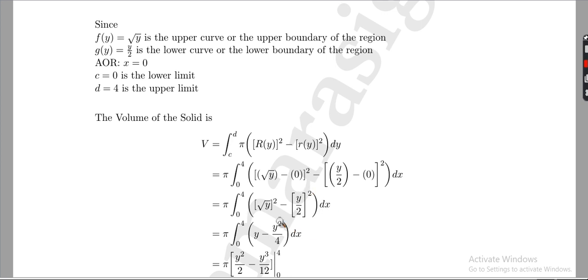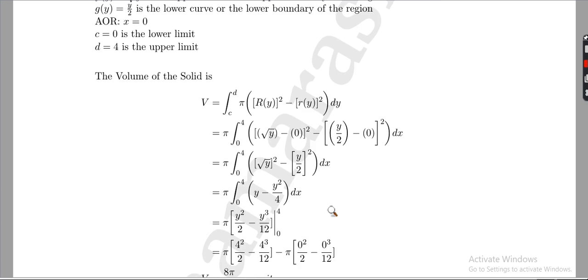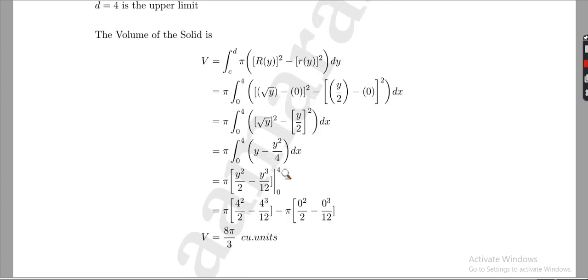So simplifying, we have the square root of y squared is y, minus y squared over 2 squared, which is 4. And then integrating y minus y squared over 4, the integral of y is y squared over 2. And then the integral of y squared over 4 is y cubed over 3 times 1/4, which is 1 over 12. And then substitute natin si upper limit at saka si lower limit.